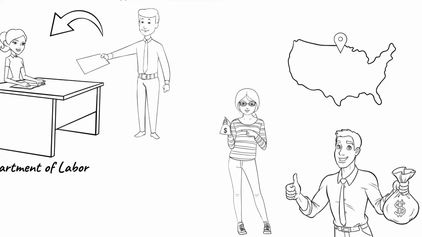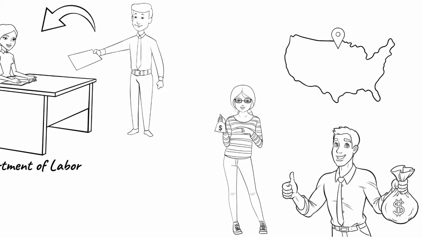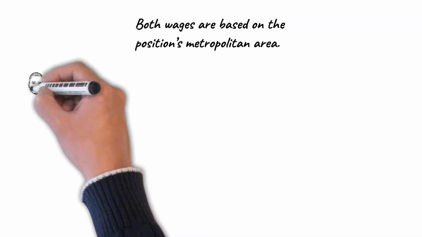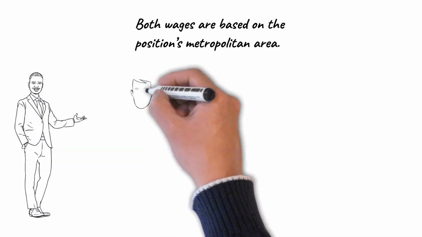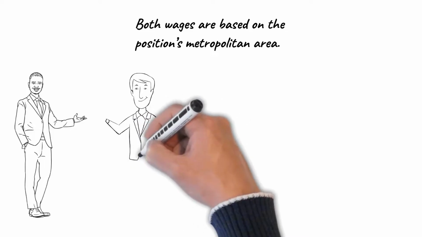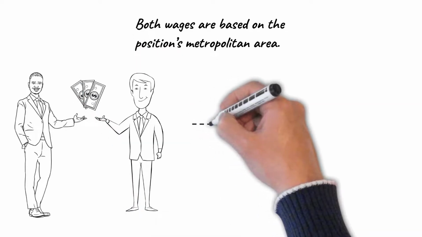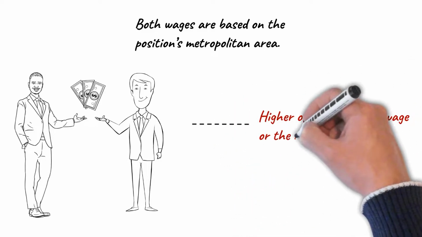Number two, the actual wage is what the employer pays to other employees in similar roles at the same location. Both wages are based on the position's metropolitan area. For example, if the position is based in Oakland, California, the wages would be based according to similar occupations in the greater San Francisco area. The employer must pay their H-1B employee the higher of the prevailing wage or the actual wage.